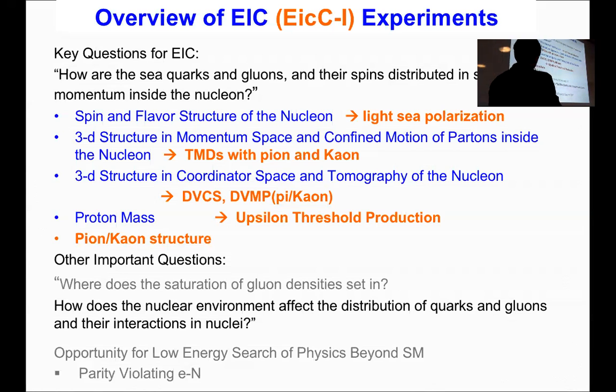And then past the epsilon threshold, it can also study the pi and K structures. And it will not be able to do much with the saturation and others, even pattern variation, probably won't be able to do much. There's also great interest in China on hadron spectroscopy.